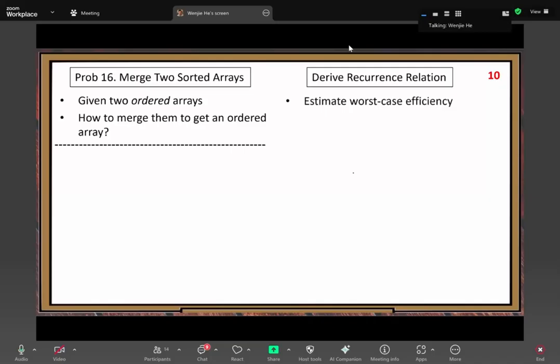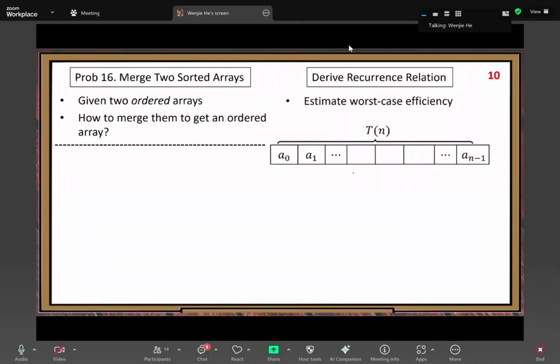So let us estimate worst case efficiency. We use this T function to represent the total number of comparisons using the merge sort for the worst case. T of n, capital T of n.